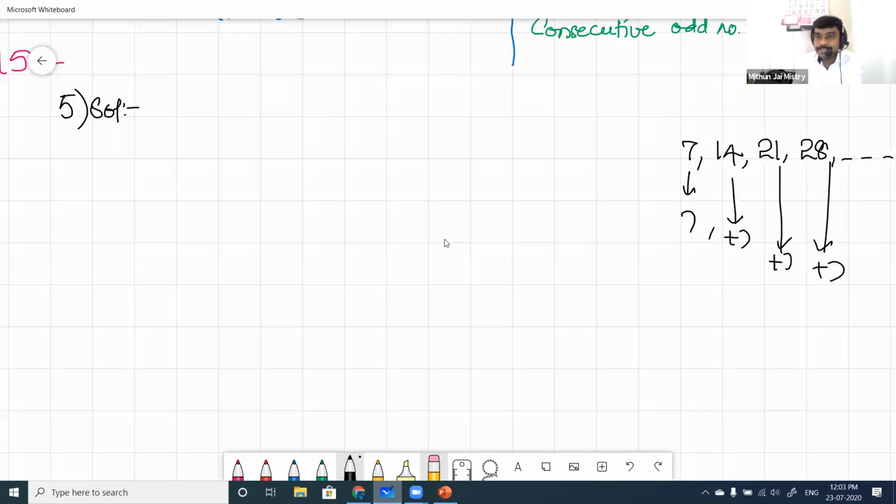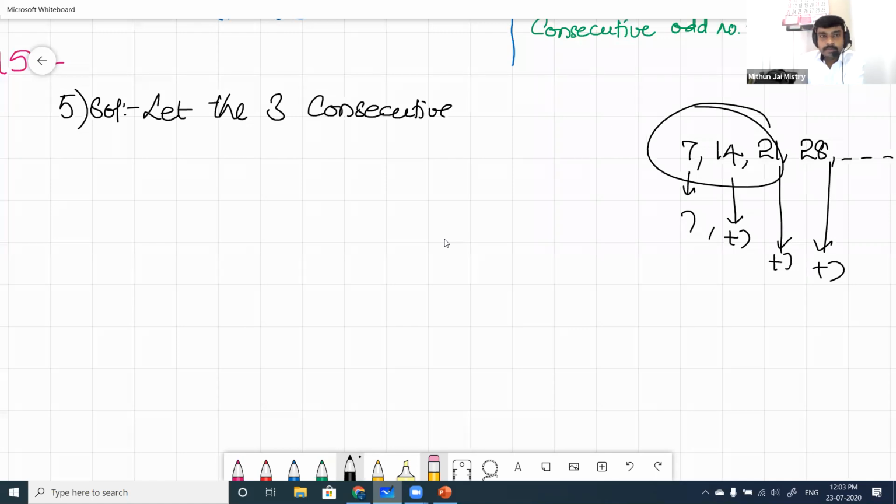So 3 consecutive terms. What are those? We don't know. So here we can assume like this. Let the 3 consecutive multiples of 7 be, the first one we don't know, we will assume as x. If the first one is x, you can see every time it is plus 7.